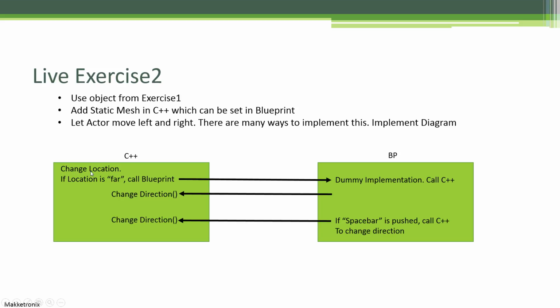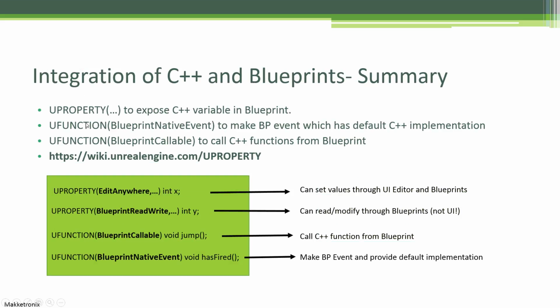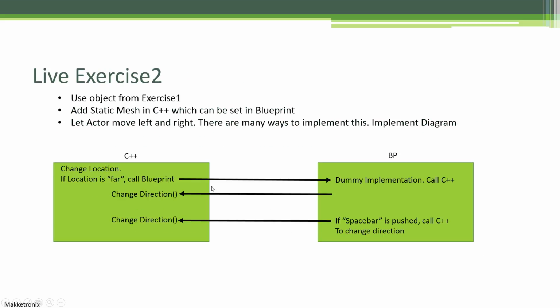So we want to change location. If the location is far from certain bounds, we will call a blueprint. So basically, how do we do that? We will raise an event through the blueprint native event. This causes the C++ to trigger an event to blueprint.